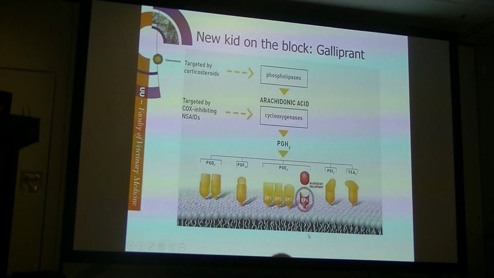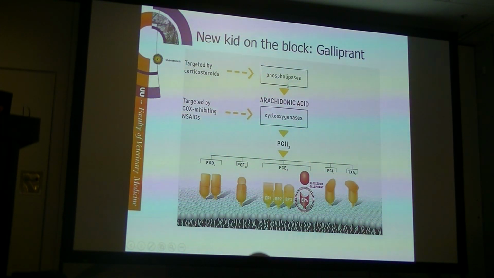And then I'm just showing you this slide. At this moment, I think February, March, in Europe at least, a new medication will be launched for the veterinary market. It's called Galliprant. And Galliprant is not a COX-2 antagonist.